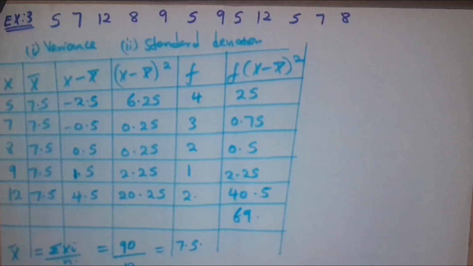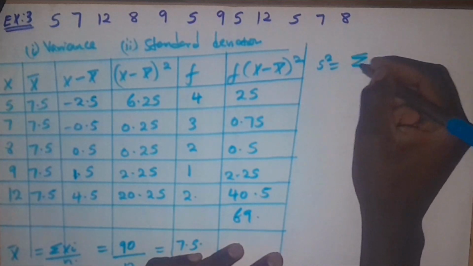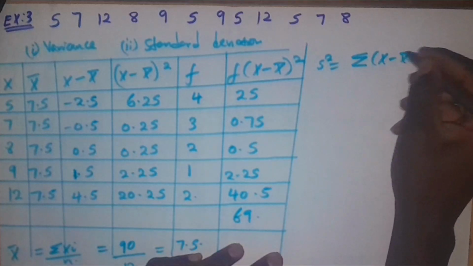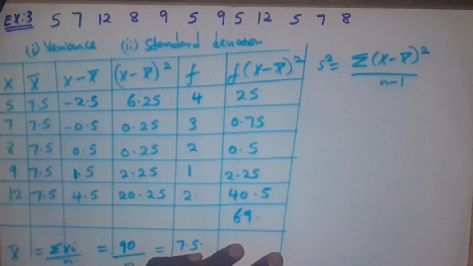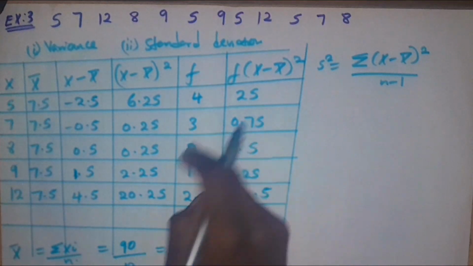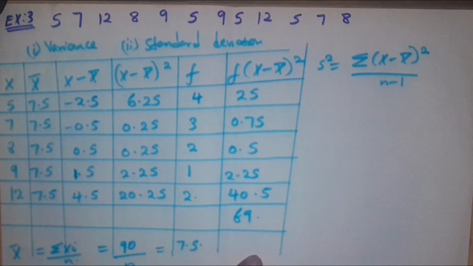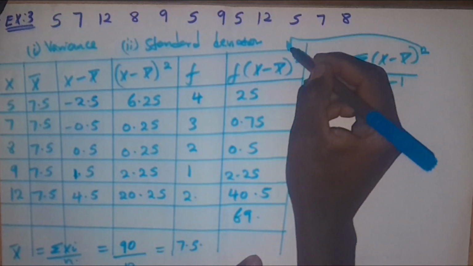After that, as we have agreed at first, the variance is equal to the summation of x minus mean, all squared, all over n minus 1. What it means now is that as long as we have repeated numbers here, and we have used this formula to calculate, we are not going to take this one. We say that this one is going to be represented with this column.